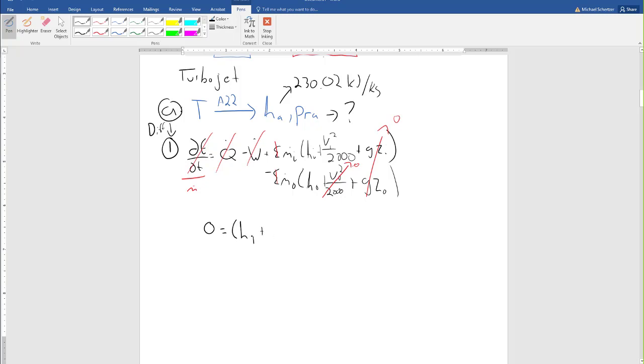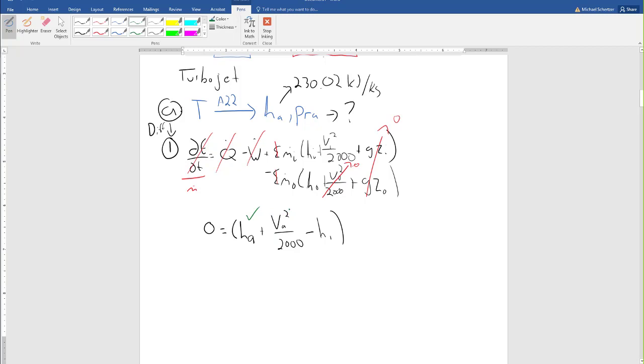hA plus VA squared over 2000, minus, because this now goes into this other bracket, minus h1, which is h out. At this point, we know hA because we found that from the table.